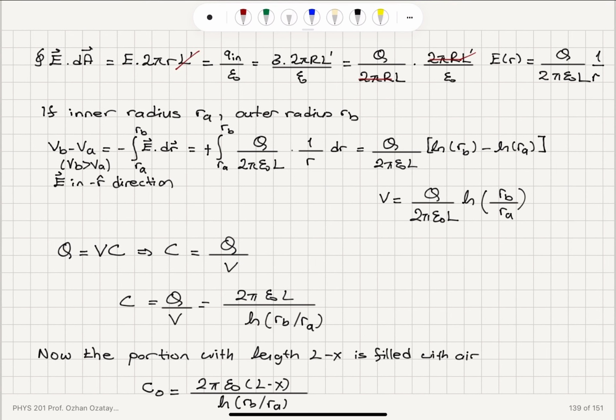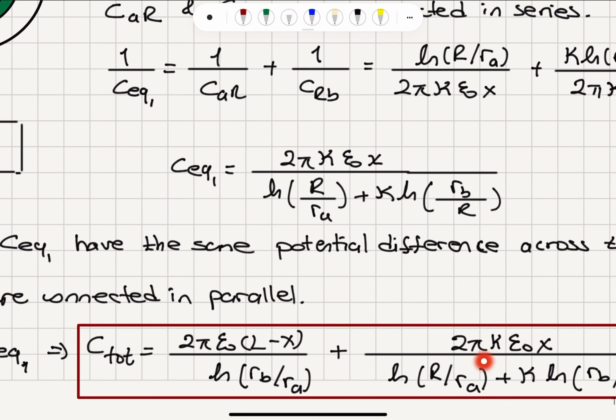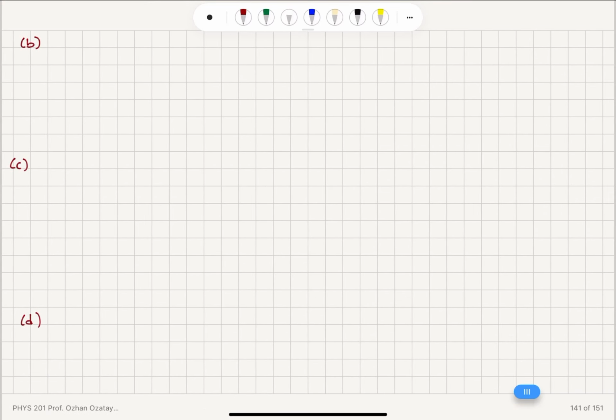Okay, so let's look at our answer from part A, and we will substitute x is equal to 0. If we substitute x is equal to 0 here, this term will disappear, and we will be left with 2 pi epsilon 0 L divided by natural logarithm R B over R A. So we will consider the situation when x is equal to 0.